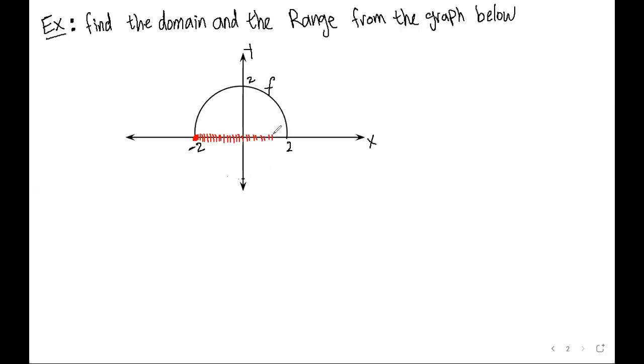Why? Because at -2 the value is 0, and at 2 the value is 0. And every x value has a y value. For example, if I take 0 here, it has a value of 2. This means all these values are the input for this function.